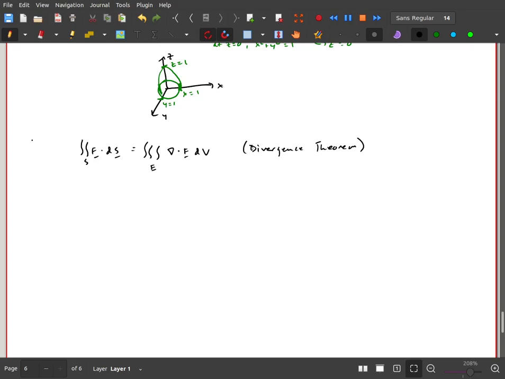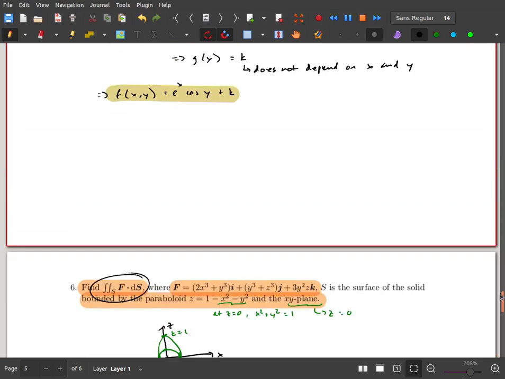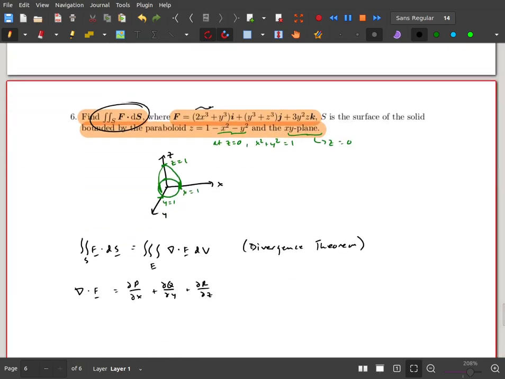So the divergence of f is equal to the partial derivative of p with respect to x plus partial q partial y plus partial r partial z, where this is p, this is q, and this is r.